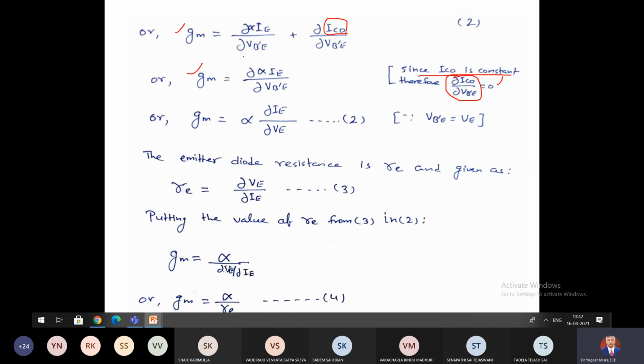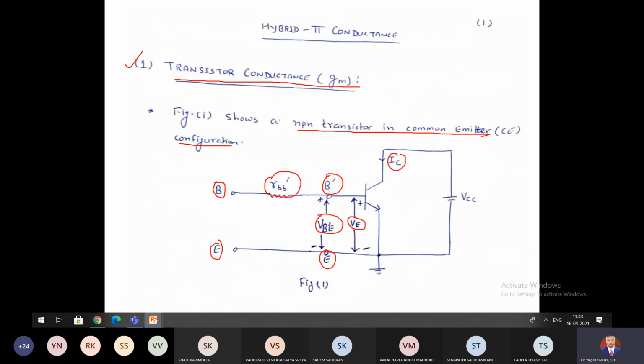So now we have GM is equal to, only this term is there, del alpha IE by del VB dash E. Alpha is again a constant, so I have taken it outside. This is alpha del IE by del VE. This is my expression number 2. So here what I did, VB dash E is replaced by VE, because you can see here in this diagram, VB dash E and VE are same.